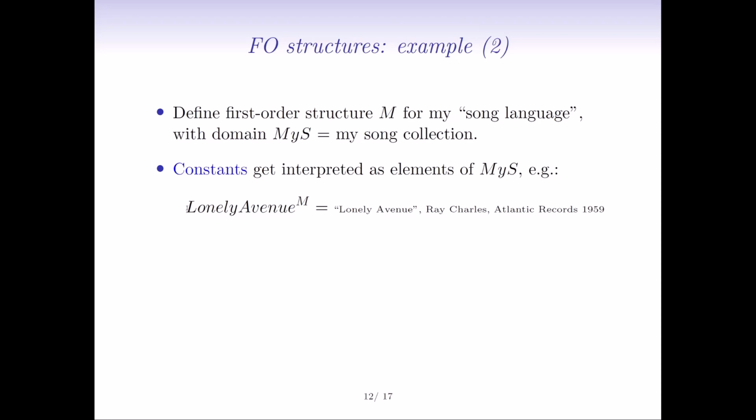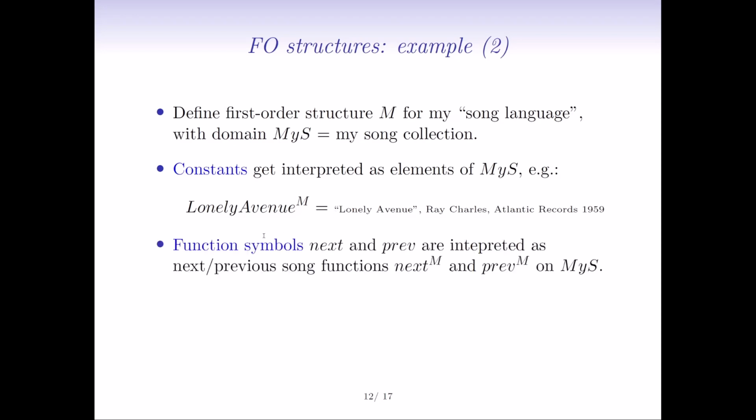So the interpretation, Lonely Avenue M, of the constant symbol Lonely Avenue, is going to be this song, Lonely Avenue, which was cut by Ray Charles on Atlantic Records in 1959. That's a pretty cool song. You should check that out.